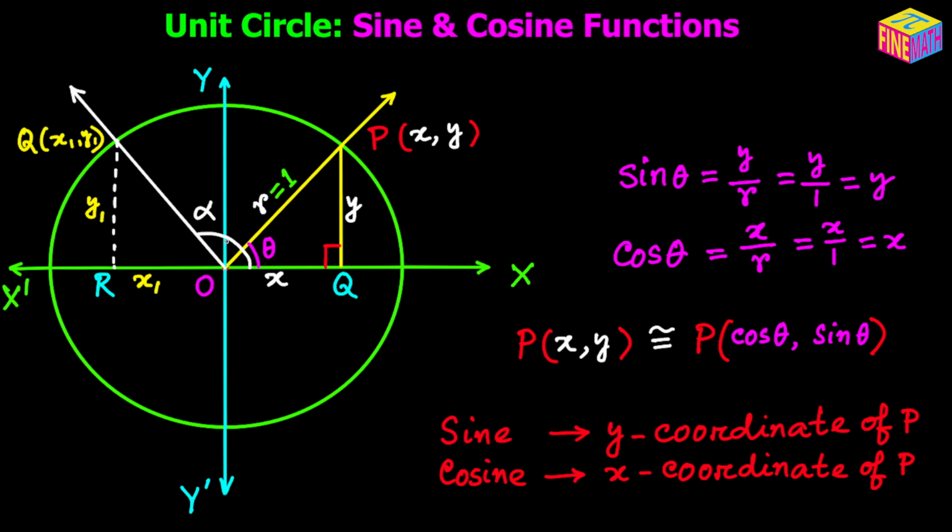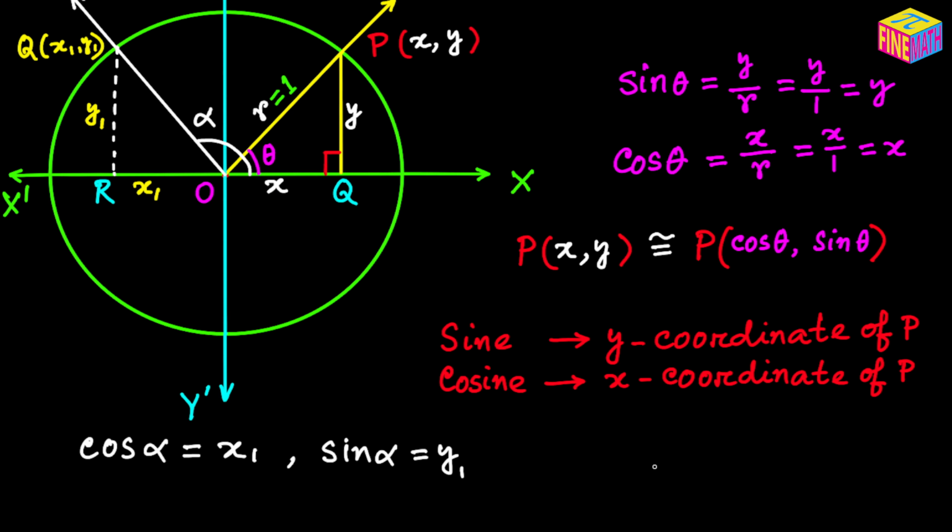Actually, the cosine and the sine of this alpha angle would be x sub 1 and y sub 1. So let me write it down here. Cosine of alpha would represent x sub 1 and sine of alpha would represent y sub 1. If we go with the original definition of the sine and cosine function, we have a point Q on the circumference of this unit circle and the coordinates of that point would be cosine alpha, sine alpha.